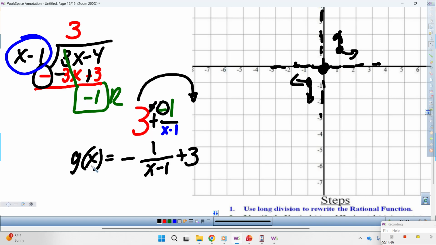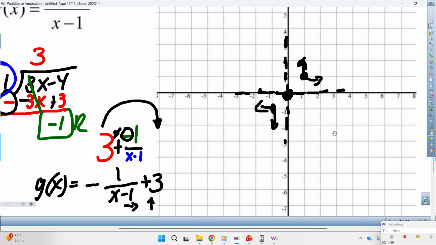So now that we have that, where are we going to move this to? Leo, pass them one. Right 1 up 3. So let's do that. Right 1 up 3. So our new vertex is right there.